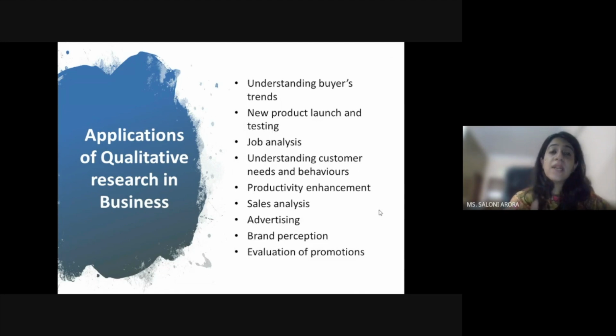You need to identify what are the reasons for that. What is it that the customers are disliking about your product? And if your sales are increasing, your task is to again engage with your customers so as to know how you should retain that upward trend, how you can still go on increasing your sales.